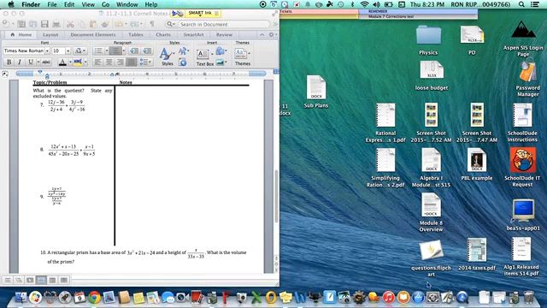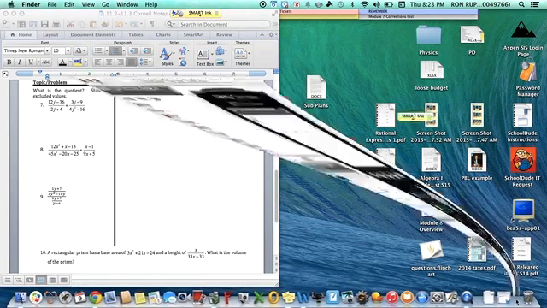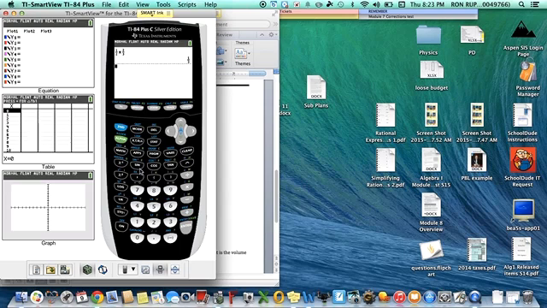I want you to think back to dividing fractions. So the fraction 1/2 divided by the fraction 2/3, for example.